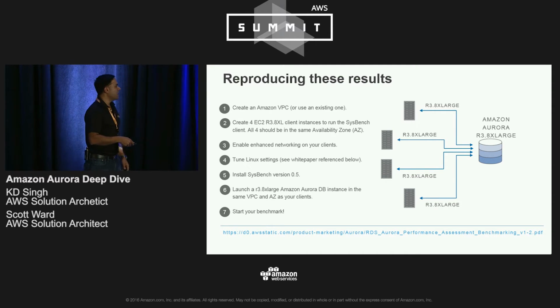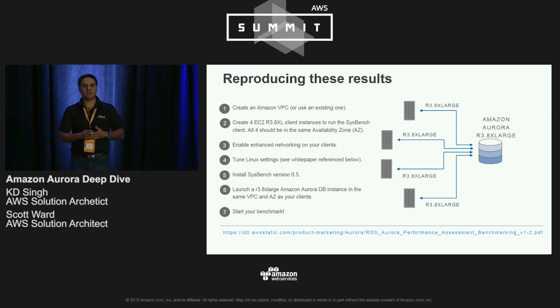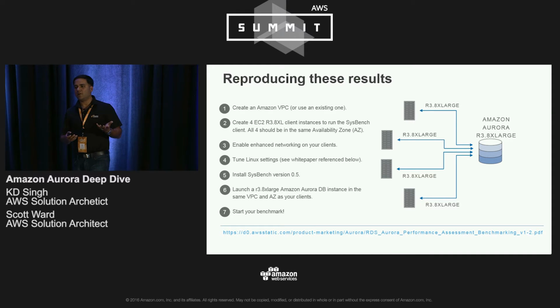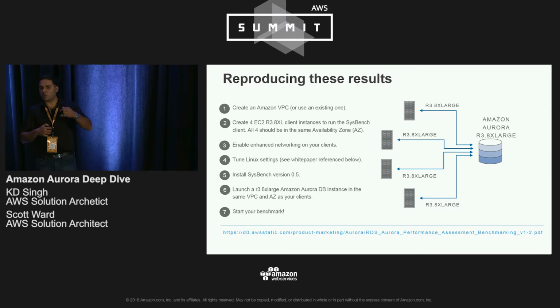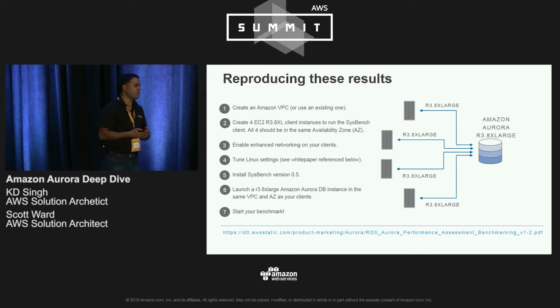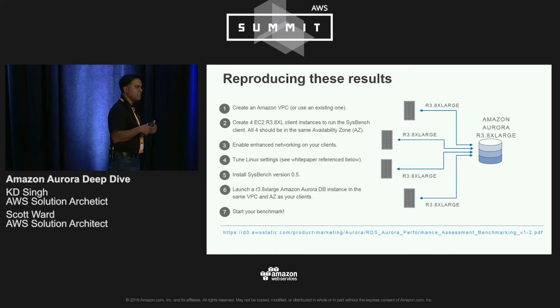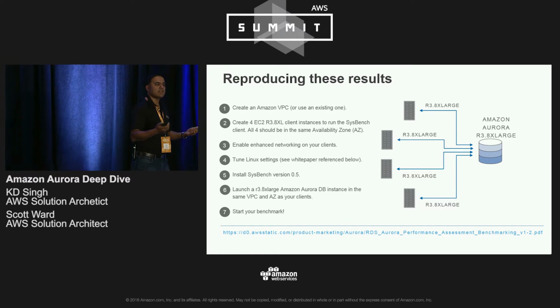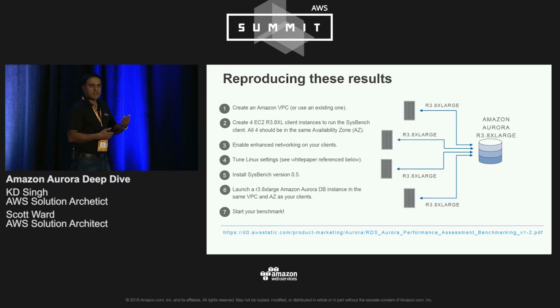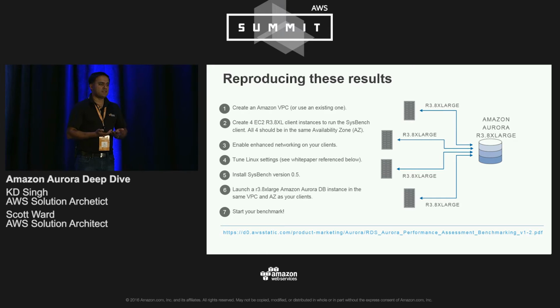At the bottom of this slide, we'll be putting these slides online shortly after the event, or you can search for the Aurora benchmark guideline document, and you can get to how we set up the benchmark. You'll see we provide you information like use the same VPC for your client machines as your Aurora database instance, use the same AZ where your database instance is running.